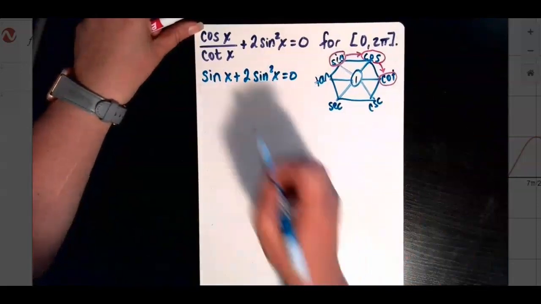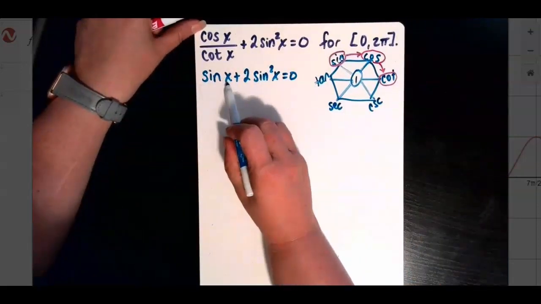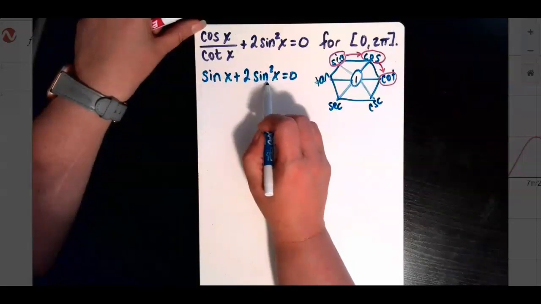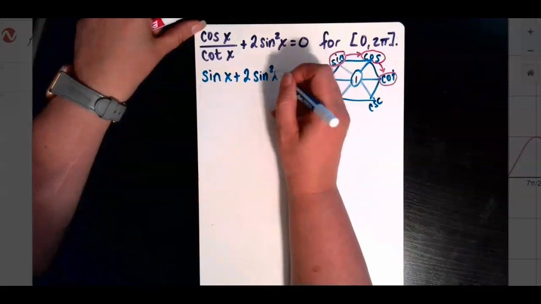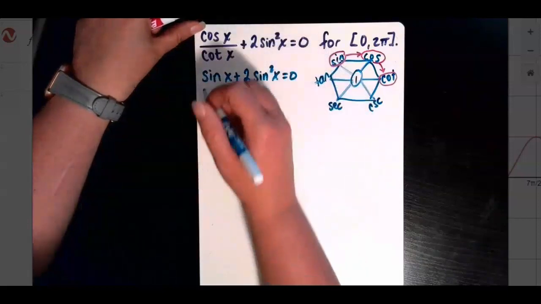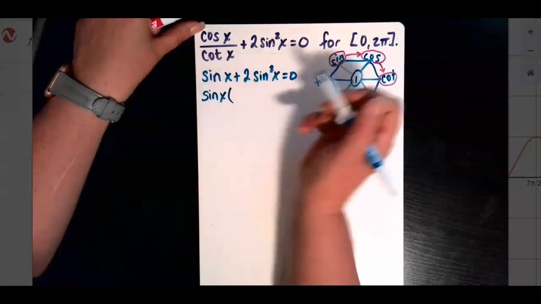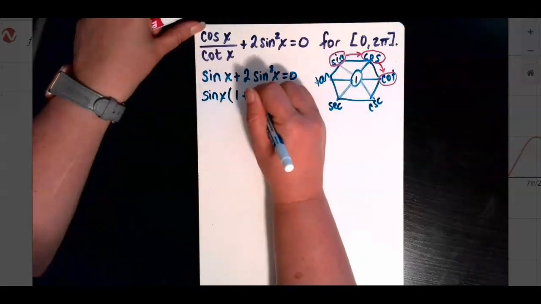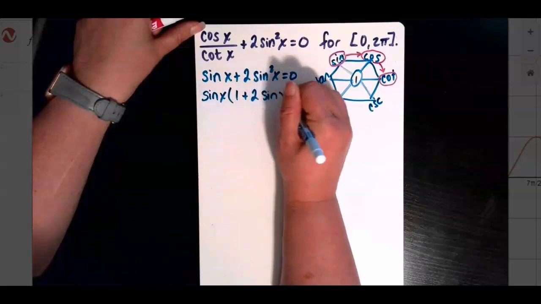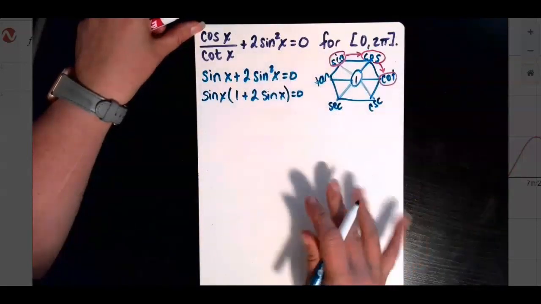Now we can see that there's a sine of x in the first term of this binomial, and there's also sine of x in the second term of the binomial. So we can pull that out to the front, factor it as a GCF. So we'll have sine of x now times the quantity 1 plus 2 sine of x equals 0.